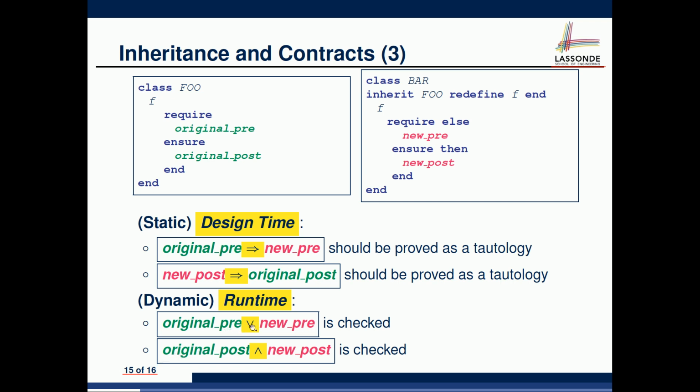Agree? Yeah, it's just disjunction. Check the disjunction of the two preconditions, and here you check the conjunction of the two postconditions. Right. But for the static design, I'm not clear on that. I suggest you ask me offline. So maybe look at the slides and then come back to me offline, in office hours. I think that'll be better.